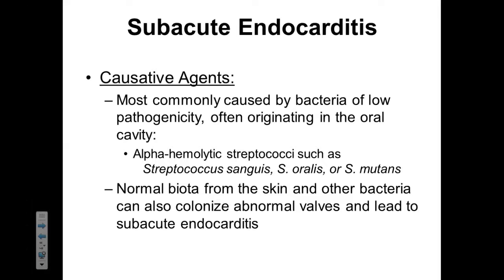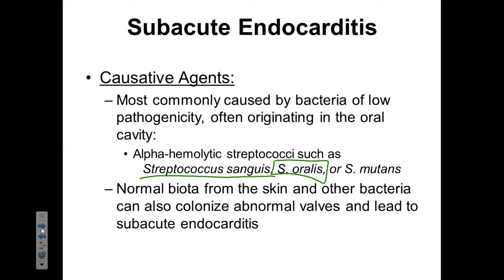Alpha hemolytic streptococci, such as Streptococcus sanguinis, Streptococcus oralis, and Streptococcus mutans, are commonly associated with subacute endocarditis because these are the forms of bacteria that are commonly found in the oral cavity, particularly Streptococcus oralis. Sometimes the normal biota from the skin will make it into the bloodstream and colonize the abnormal valves of the heart and also lead to subacute endocarditis.